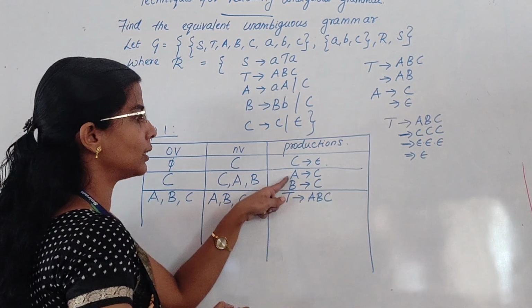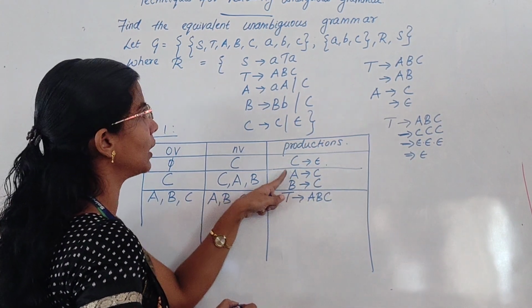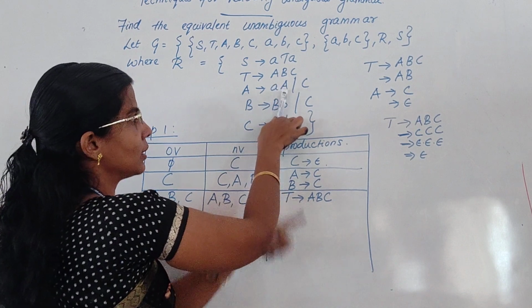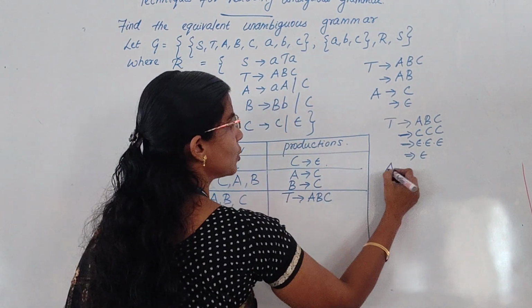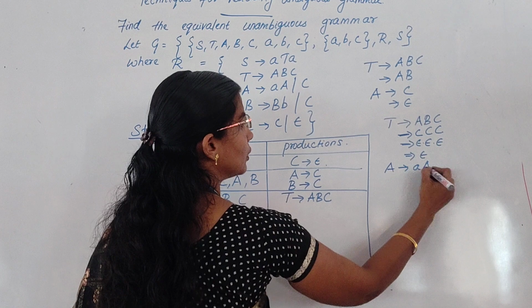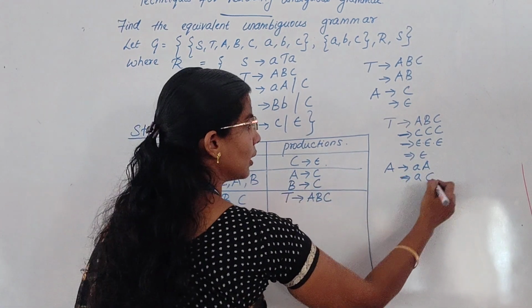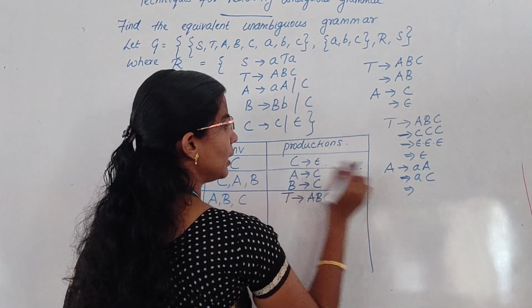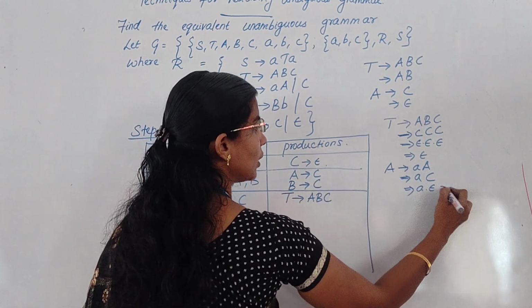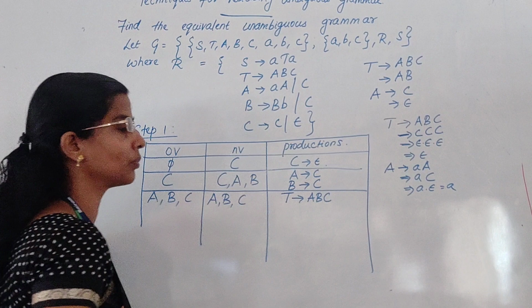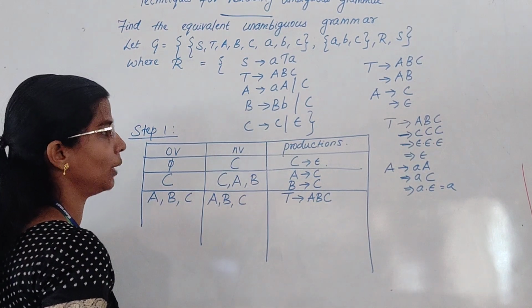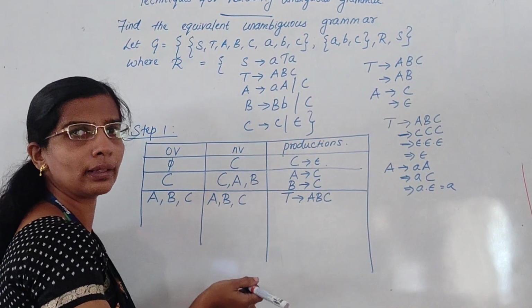Then I am checking for this A variable. So A tends to a. When I substitute, what is A? C. What about C? C is epsilon. So A into epsilon is nothing but a, so I cannot write that production.